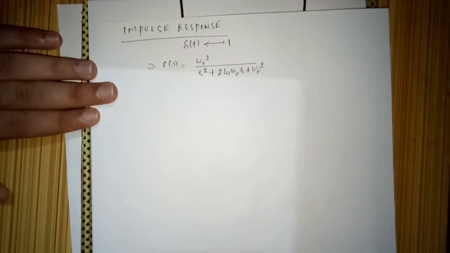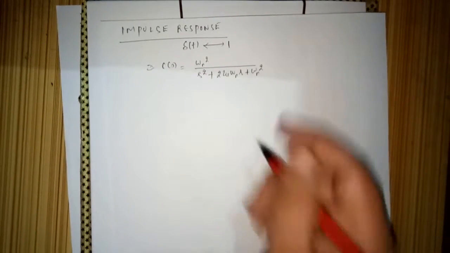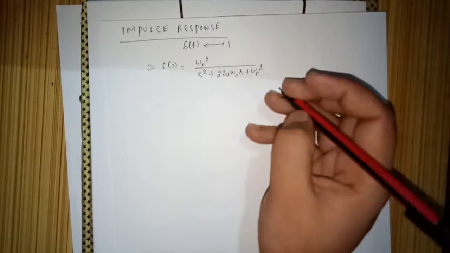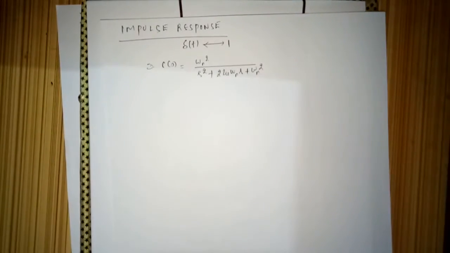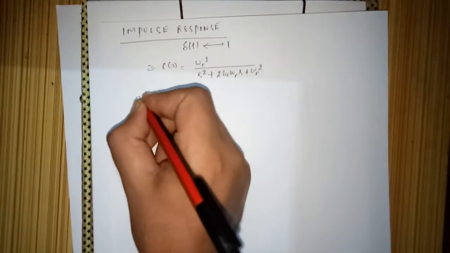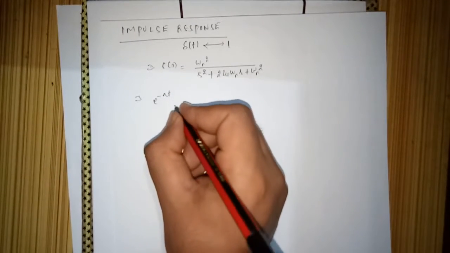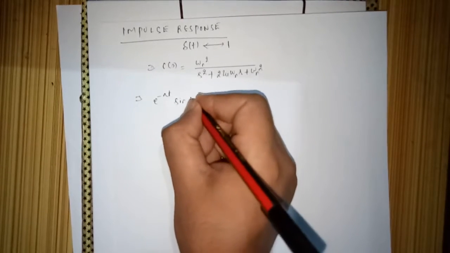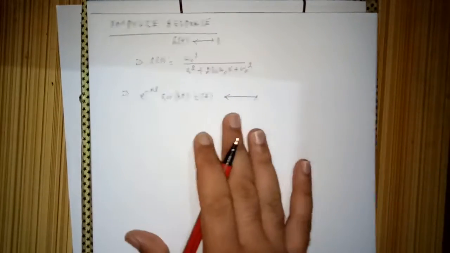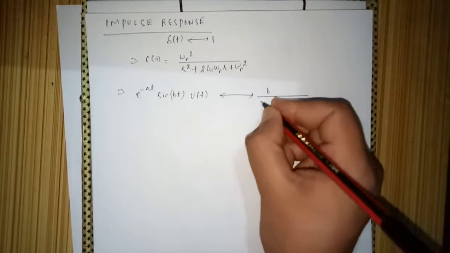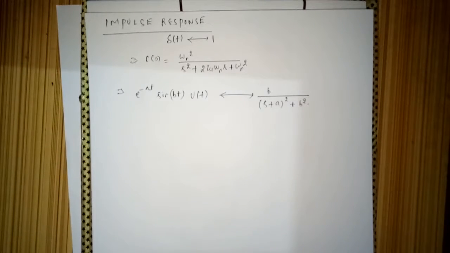First of all I need to separate these things. In this quadratic equation I need to do partial fractions also, so I will not go into that. Let me write first of all, we know that e to the power minus at sine of bt multiplied by u of t has Laplace transform of b upon (s plus a) square plus b square, right?